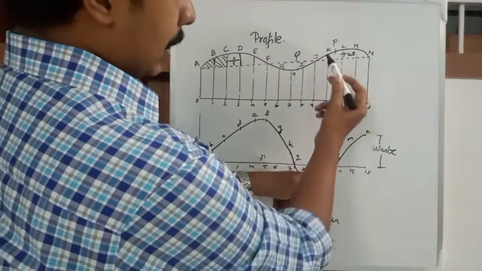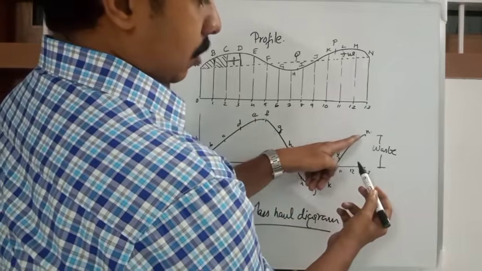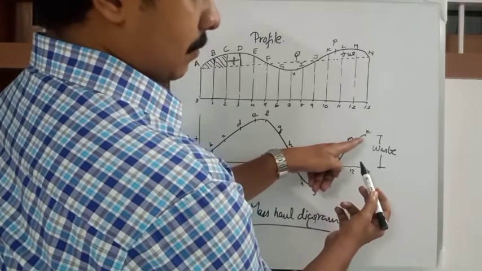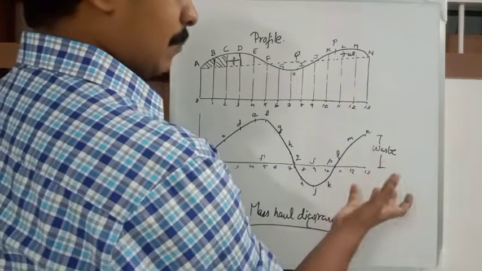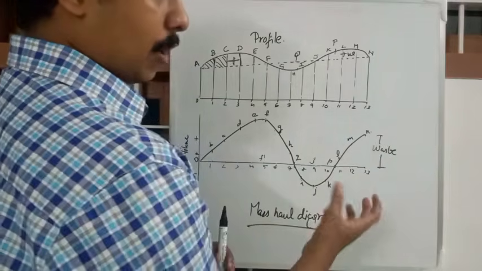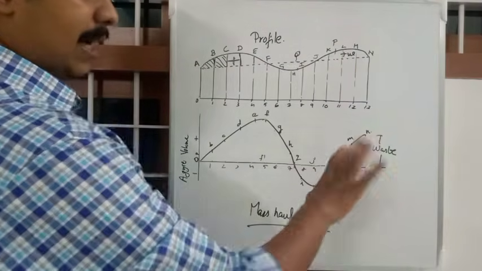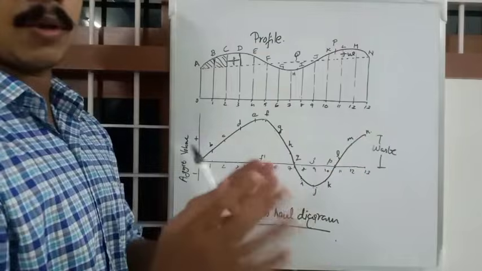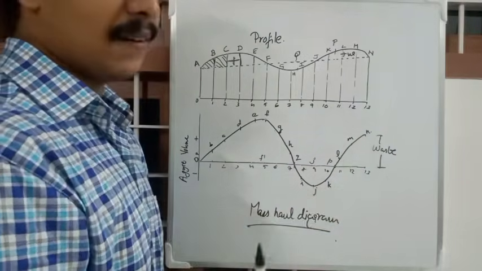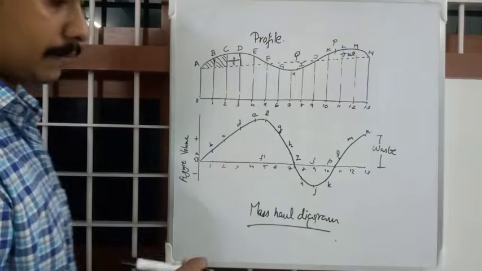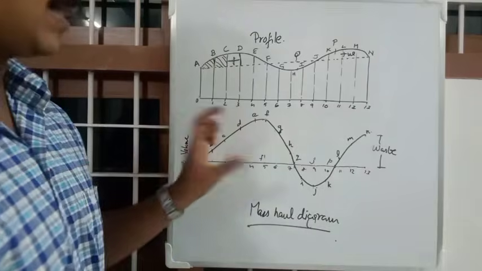Then from P it again moves forward with earthwork in its hand, and finally at N it reaches with a volume of earthwork, and it will be waste right now. The section had ended, and that earthwork is a waste. You have to dispose of that volume of earthwork somewhere else. So that is how you should understand this mass flow diagram.